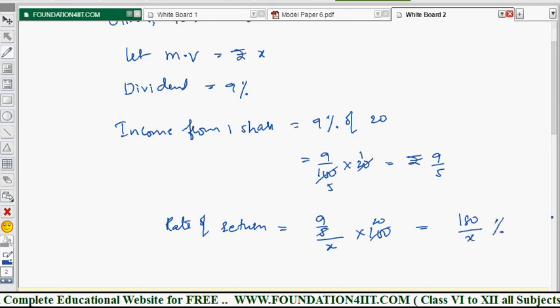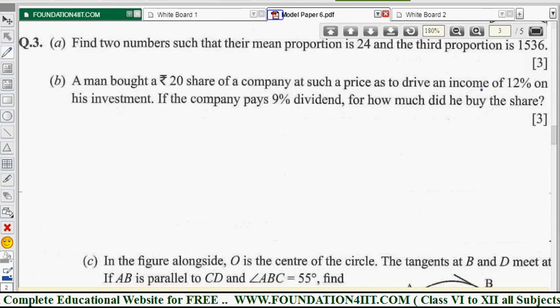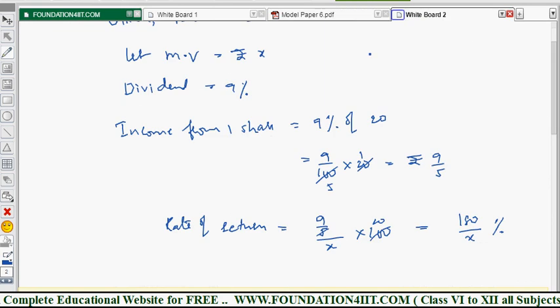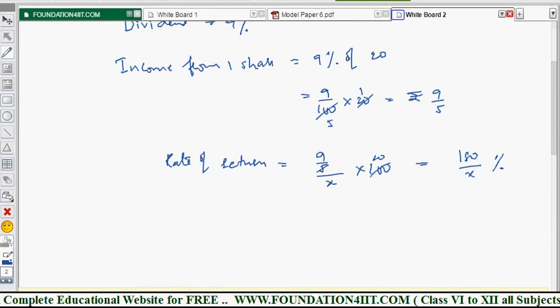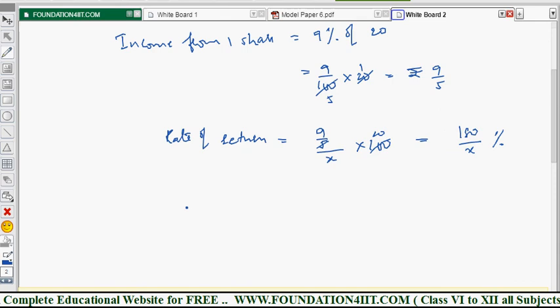This is the rate of return. But according to the question, the income is 12% on his investment. That is, this value is equal to 12. So as per the question, 180 by x is equal to 12. So from this, x is equal to 15. Therefore, market value is equal to rupees 15, you can take.